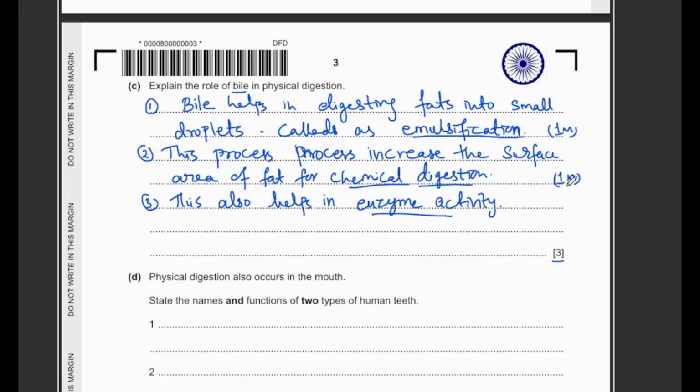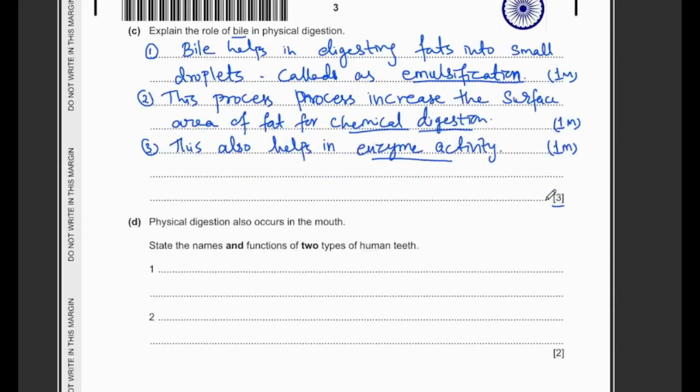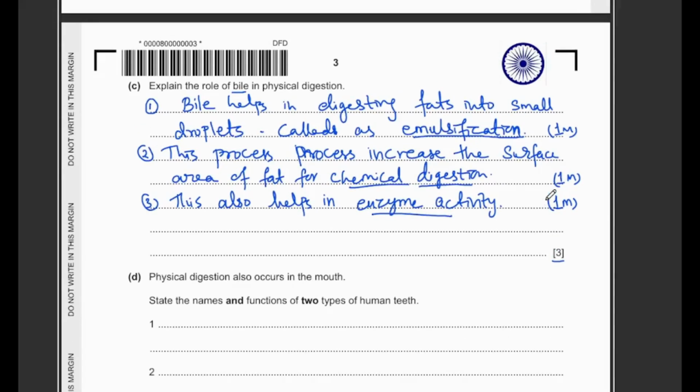You can refer to your marking scheme whenever you have doubt, so that you have all your keywords and the statement that you can write for the questionnaire. Fine. I hope you got the role of the bile in physical digestion. One is emulsification, increases the surface area for enzyme activity, and chemical digestion here.